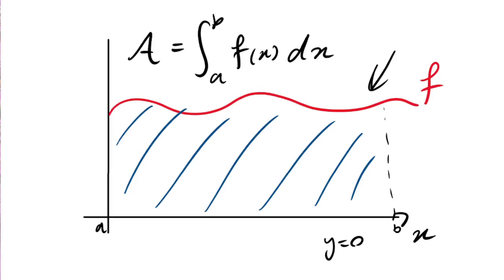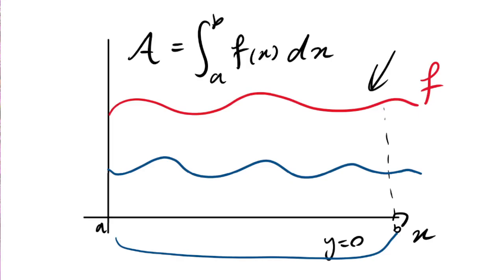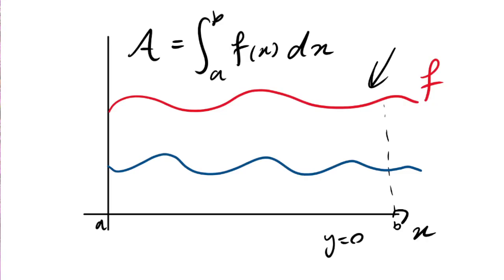But what if we wanted to add another curve into this? Now this is where we have to take everything else into consideration. So let's say we have some funny looking function here, but we want to still use it in the interval that we are provided with, a to b. In order for us to do that, note that we have an area underneath the function f. And let's suppose that this function here is actually g.